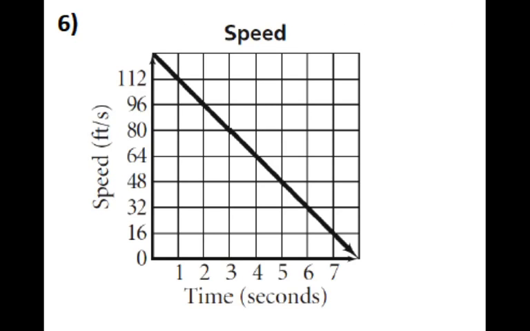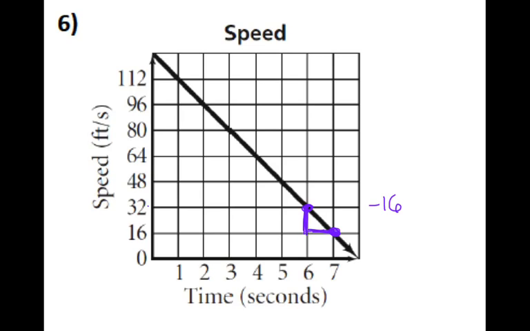This one deals with time and speed, so you can take any 2 points again, and you can see, for instance, if you take these 2 points, you can see that you're going down and then you're going over. So when you go down, you're going down 16 because you're going from 32 to 16, so that is minus 16.